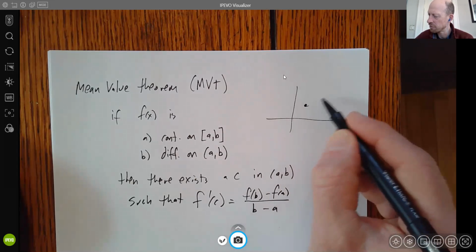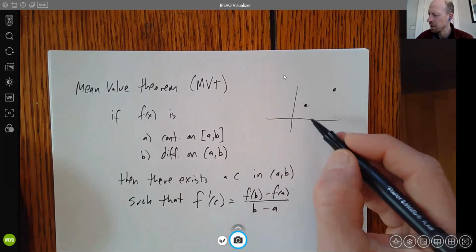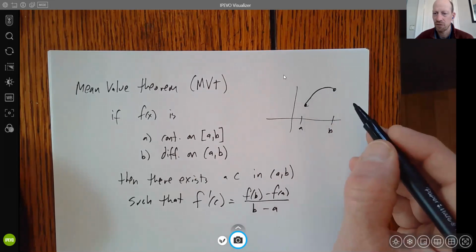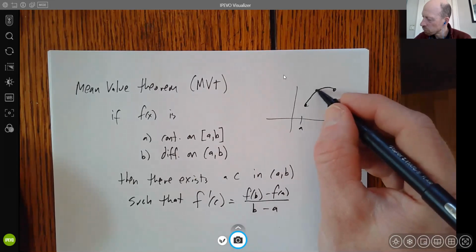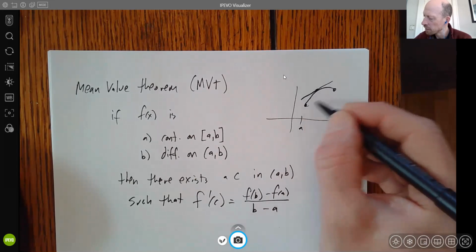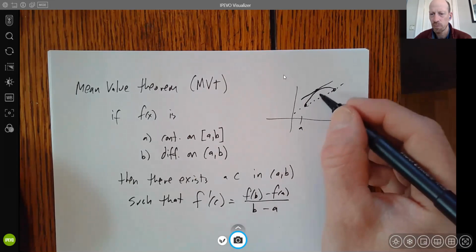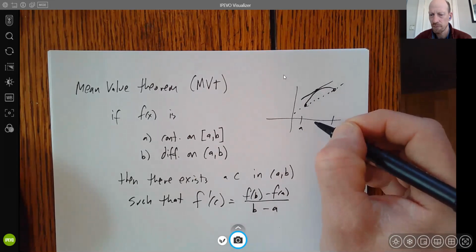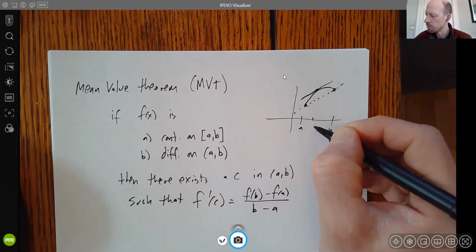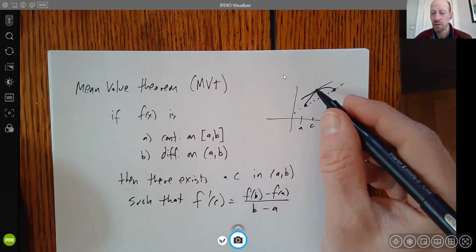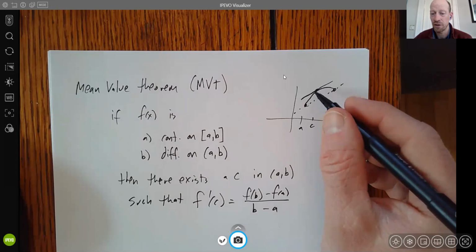And the visual idea for that one is that if this is my a and b, my function might do something like that. And so somewhere in here, that slope equals that slope. So this value of c would be the guaranteed value from the mean value theorem.